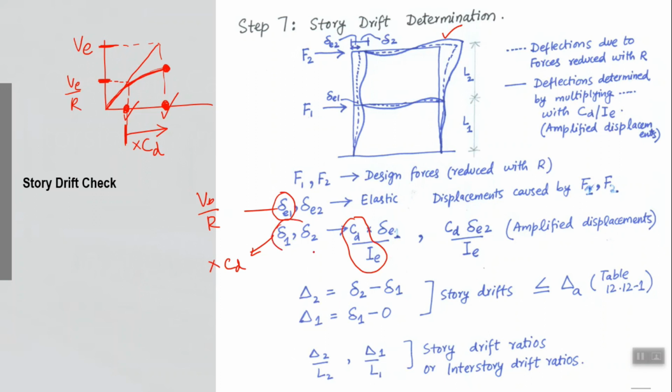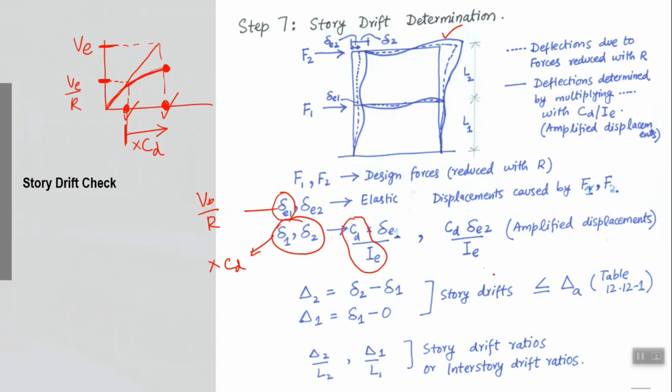So these delta 1 and delta 2, the deflections of two stories, we will be using to do any decision making on design, right? The amplified deformations, not the original deformations given by the reduced forces analysis, right?